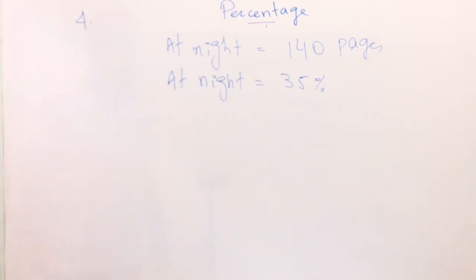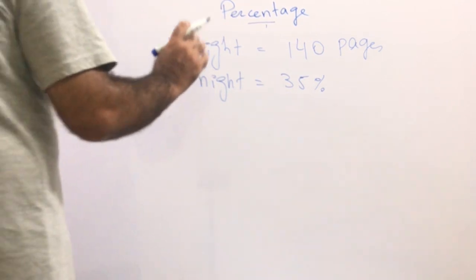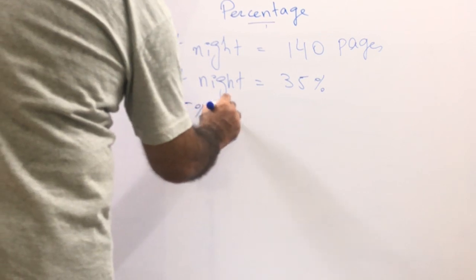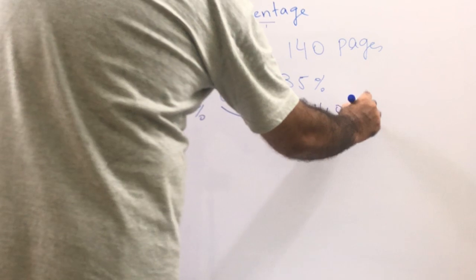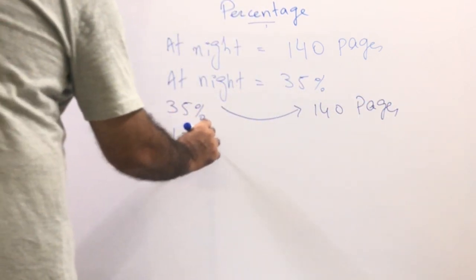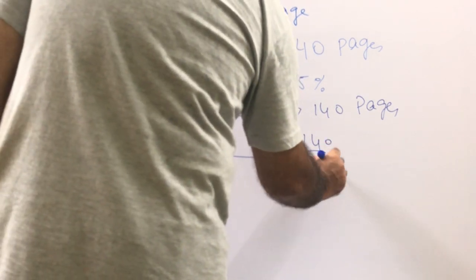From here we can find the total number of pages. We need to find the pages, so it will be on the right side. We know that 35% of the pages is equal to 140 pages. If we need to know 1% of the pages, it will be a smaller amount, just 140 divided by 35.